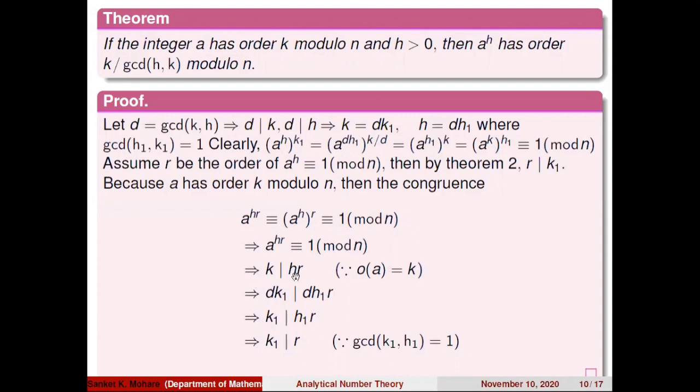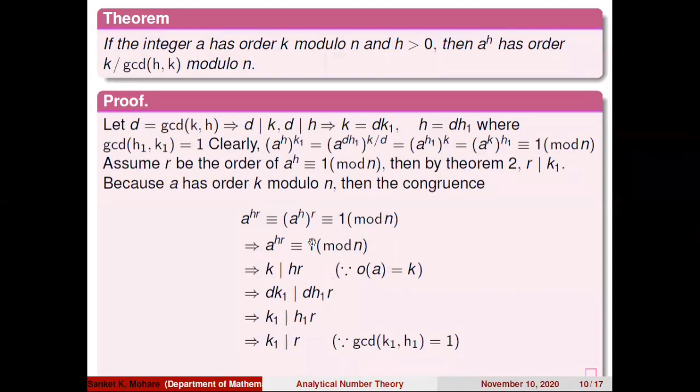Why does K divide HR? Again using the same theorem: if K is the order of A and A to the power H is congruent to 1 modulo n, then K divides H. So here K is the order of A and A to the power HR is congruent to 1 modulo n, so that's why K divides HR.